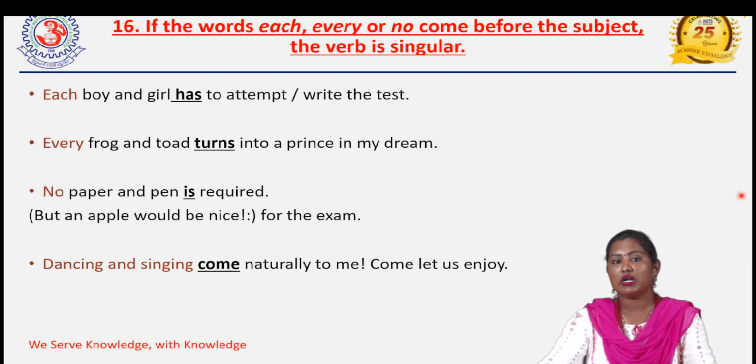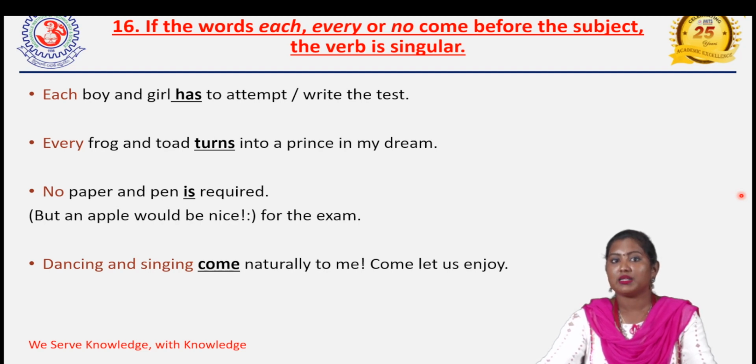Every frog and toad turns into a prince in my dream. So look at it, every frog and toad turns. It means every singular, each singular. So no paper and pen is required. No, no is also a singular concept. Singular verb it has to work on.